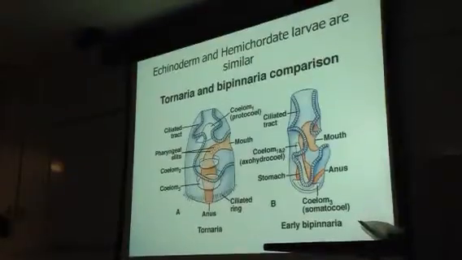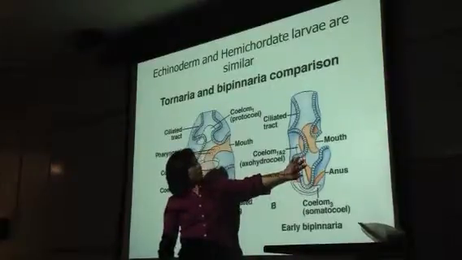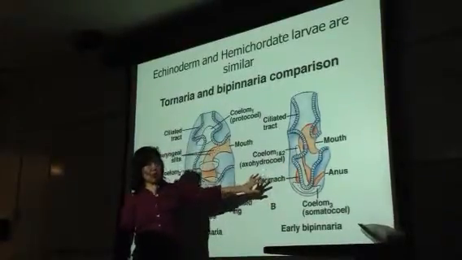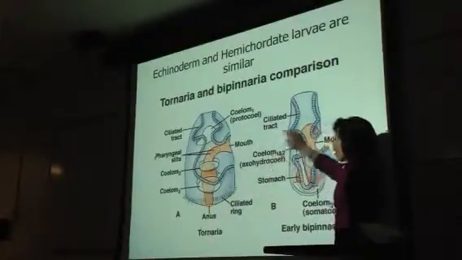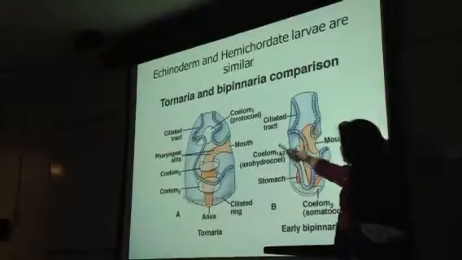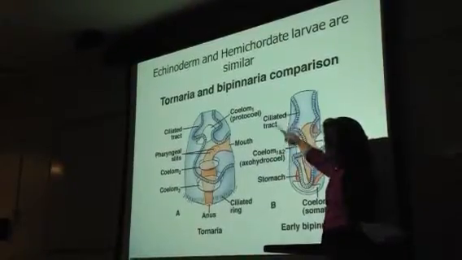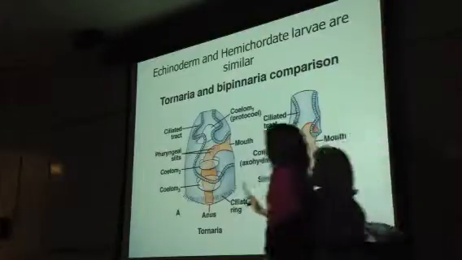So this is an example of an early sea star larva here. And again, just like I've told you before, I'm not expecting you to memorize all these different parts, the stomach and ciliated tract. That's not my point in putting this up.